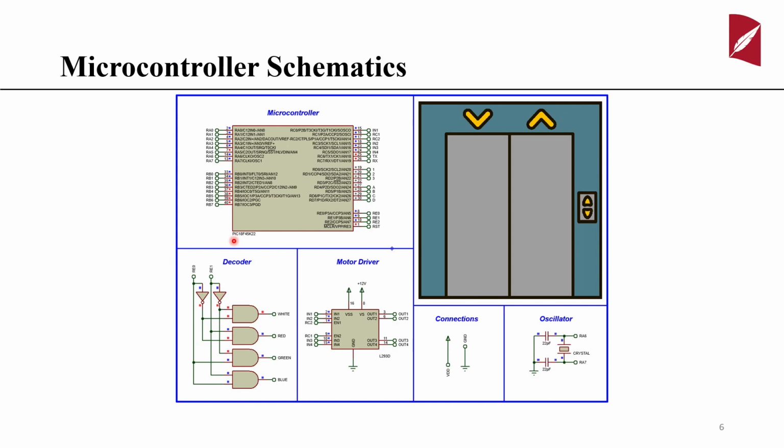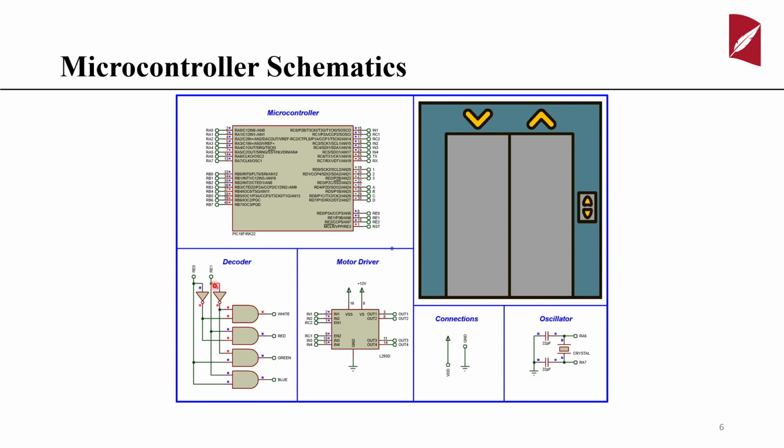Also, to do extra pins, I create a decoder, as you can see, with logic gates, which are AND gates and NOT gates. I used it in lighting section of elevator.